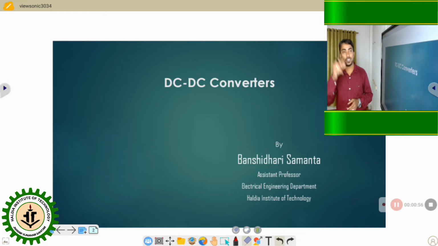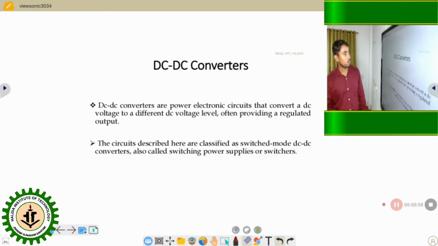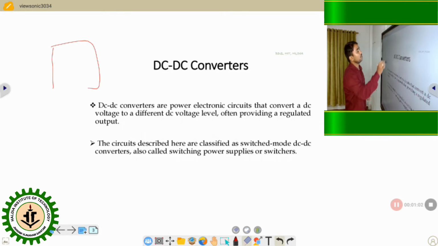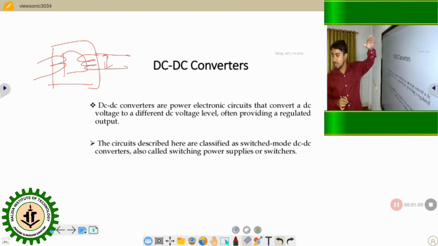By only changing the number of turns on the secondary, we can change the output voltage as per our requirement. But in DC voltage, it is not possible by changing the number of turns or by using a transformer.